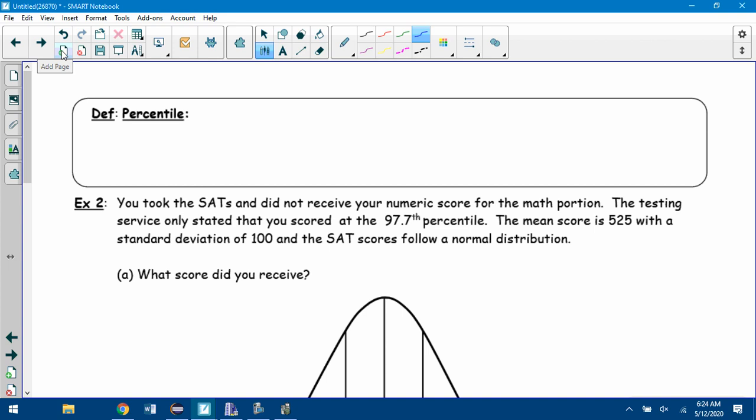Percentile is just the percent of data values that fall at or below a given data value.